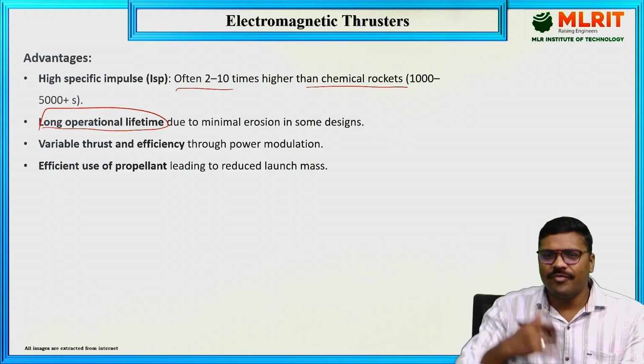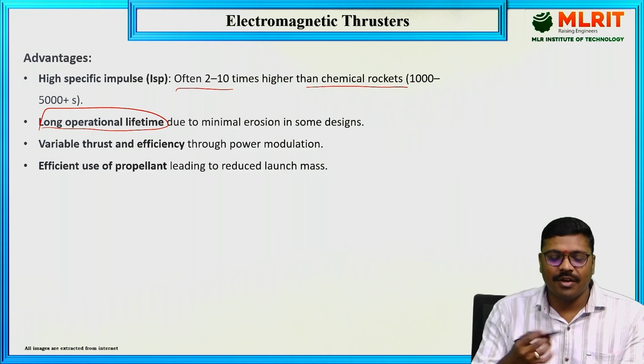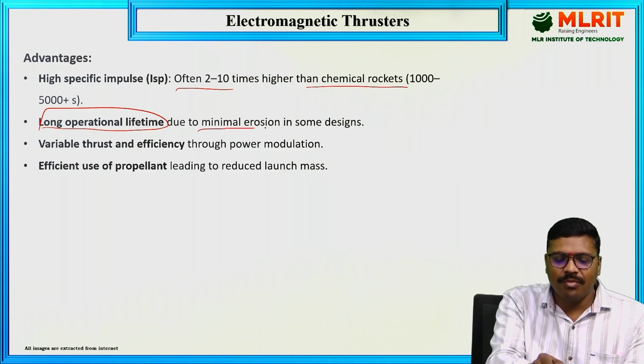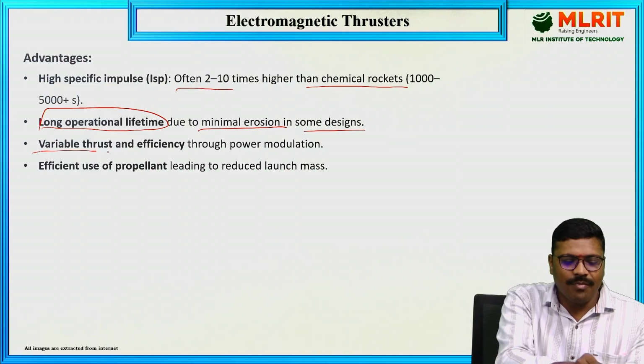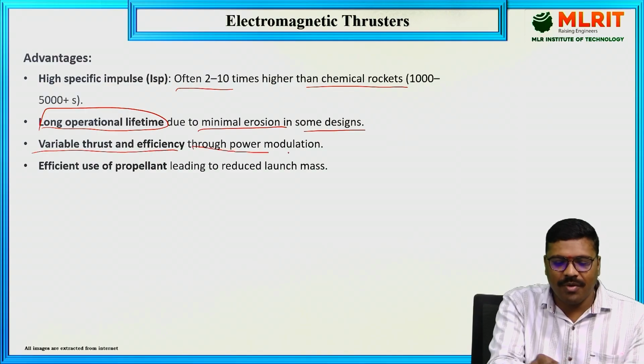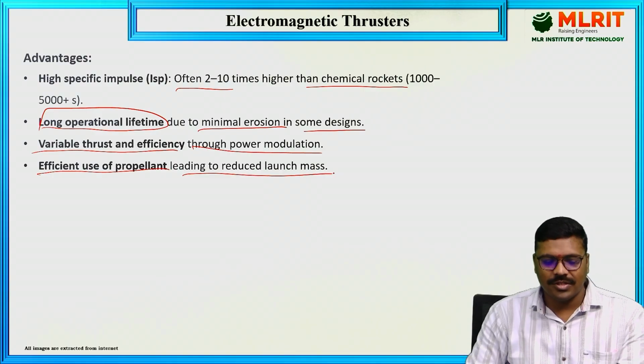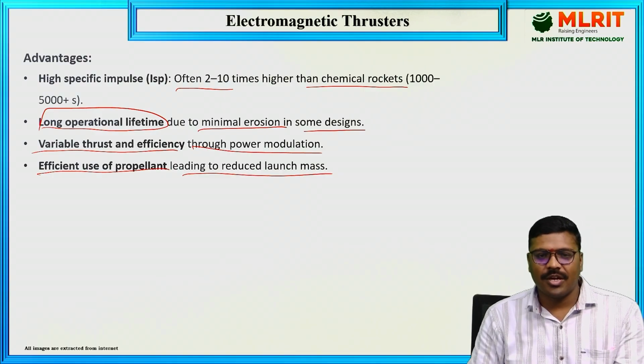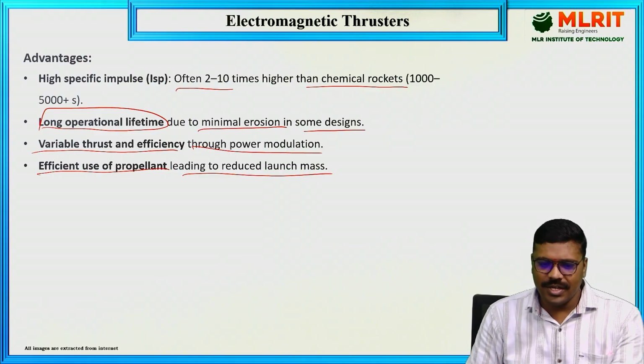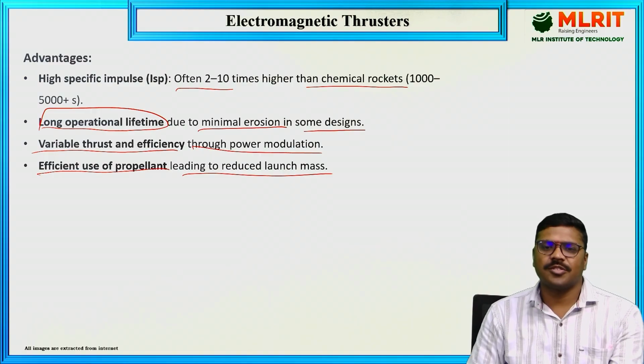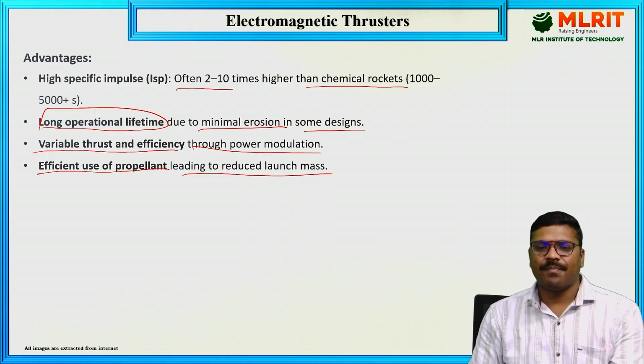The lifetime of this thruster is very high compared to chemical rockets due to minimal erosion and small designs. Next, variable thrust and efficiency through power modulation, and efficient use of propellant leading to reduced launch mass. Generally we use these thrusters in space, not in the atmosphere.